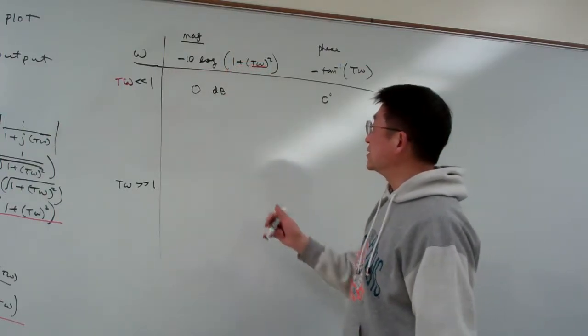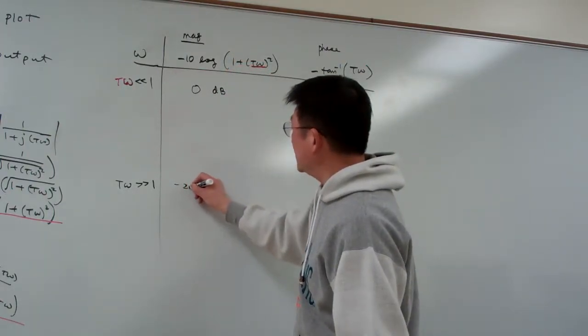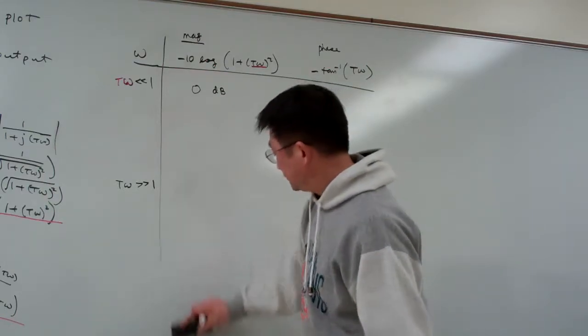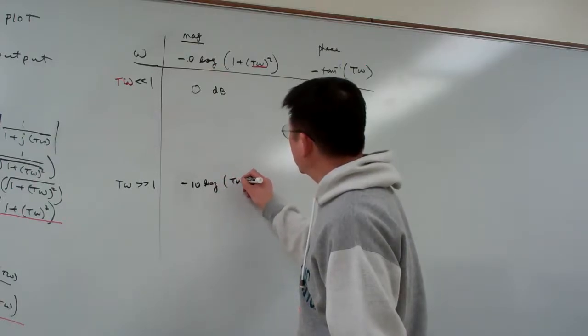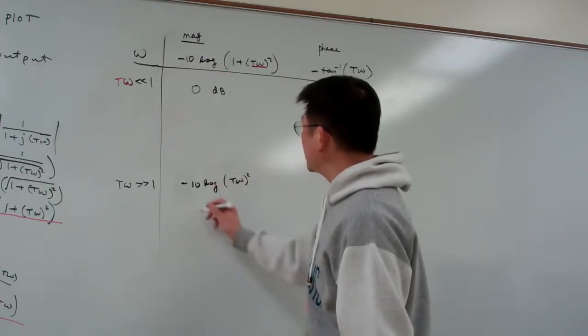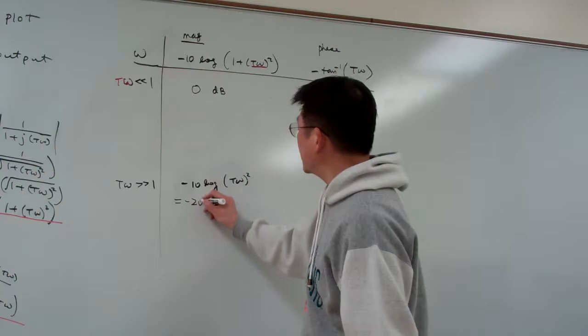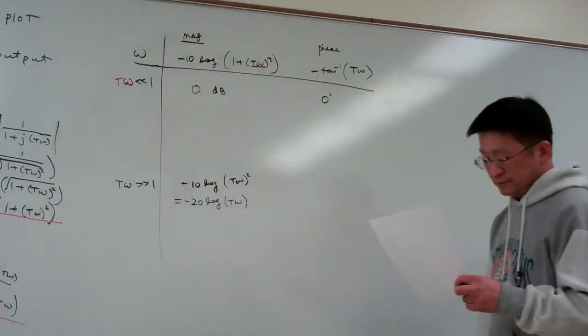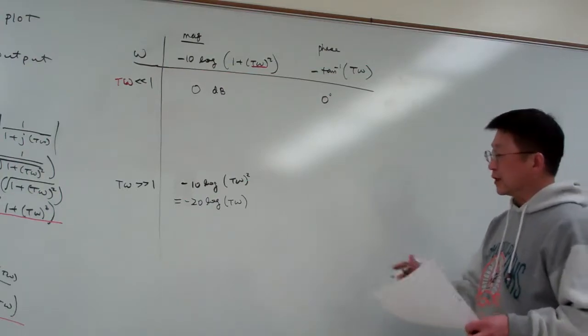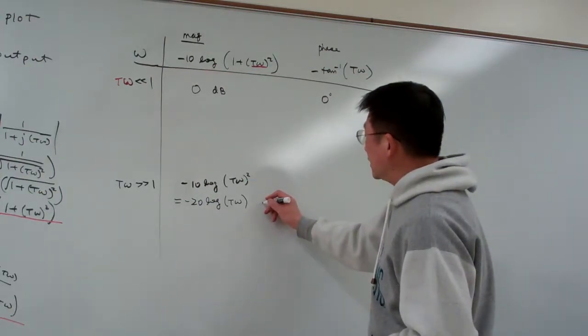Under this situation, that is minus 10 log of (T omega) squared, which basically equals minus 20 log T omega. So that is the result in terms of dB.